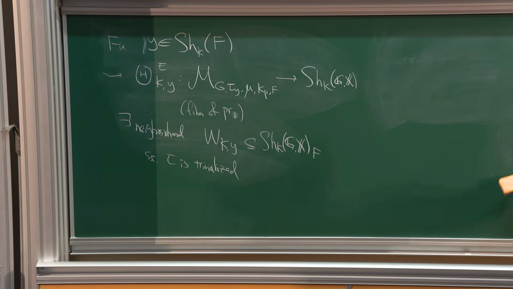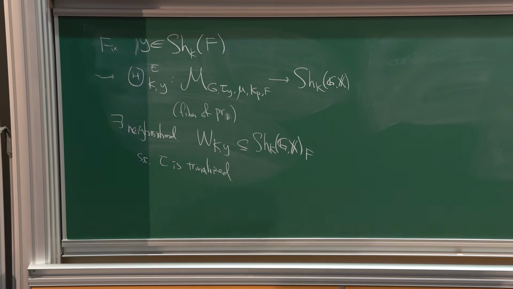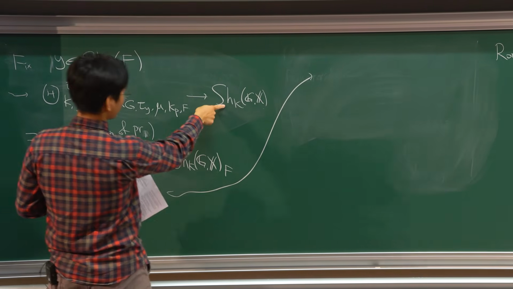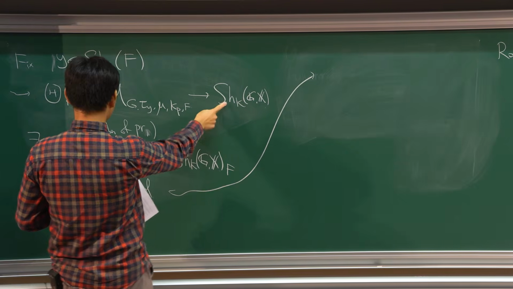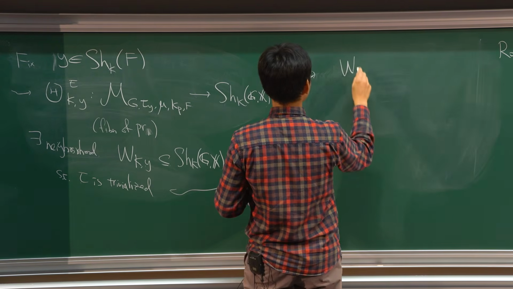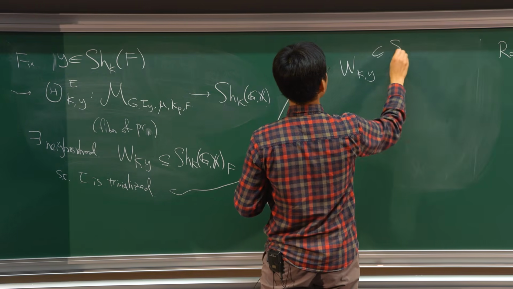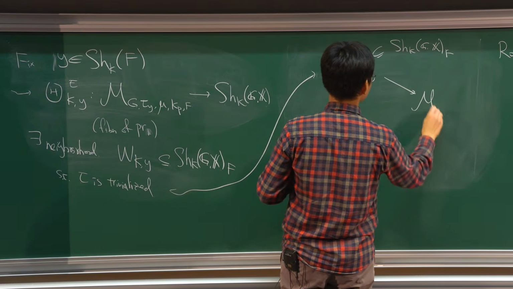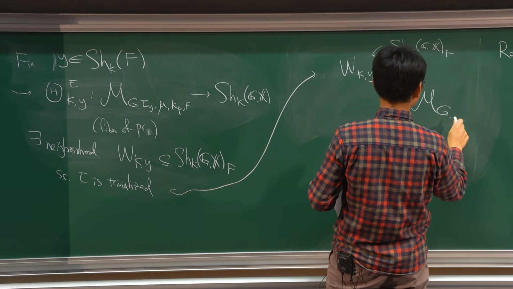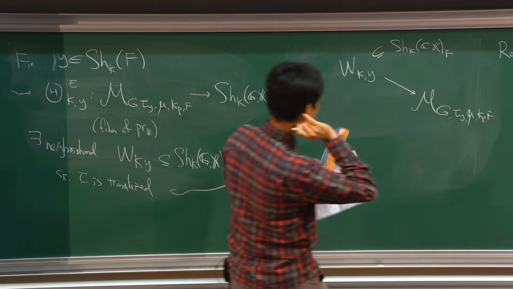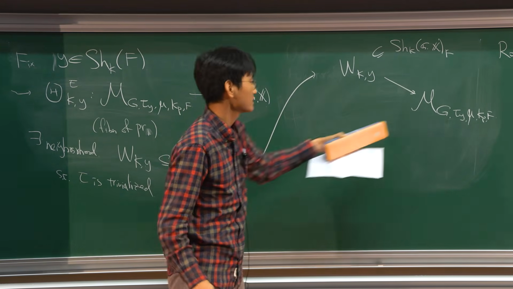And once tau is trivialized, I actually have a map in the other direction, because I already have a Stücke on the Shimura variety. Now tau being trivialized gives me a framing of the Stücke, and then I get a map from W_{K,y} inside the Shimura variety base change to F to the local Shimura variety at level K_p over F, because this is essentially the moduli space of framed Stückes.